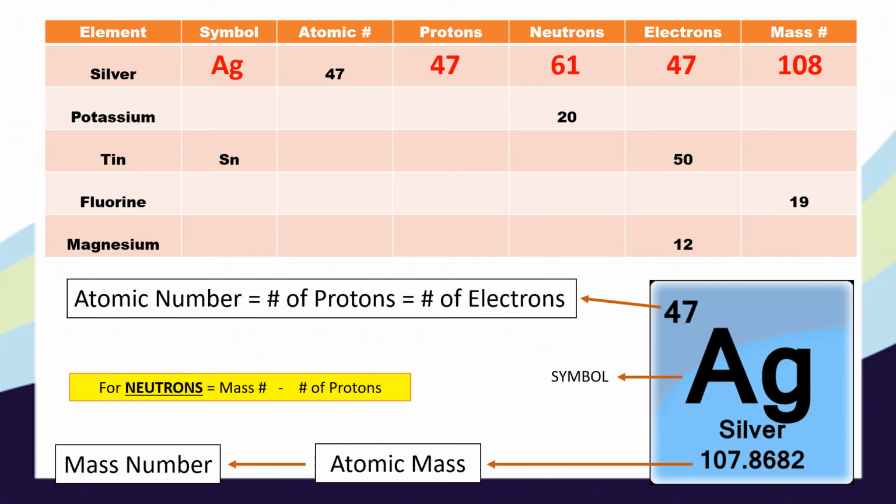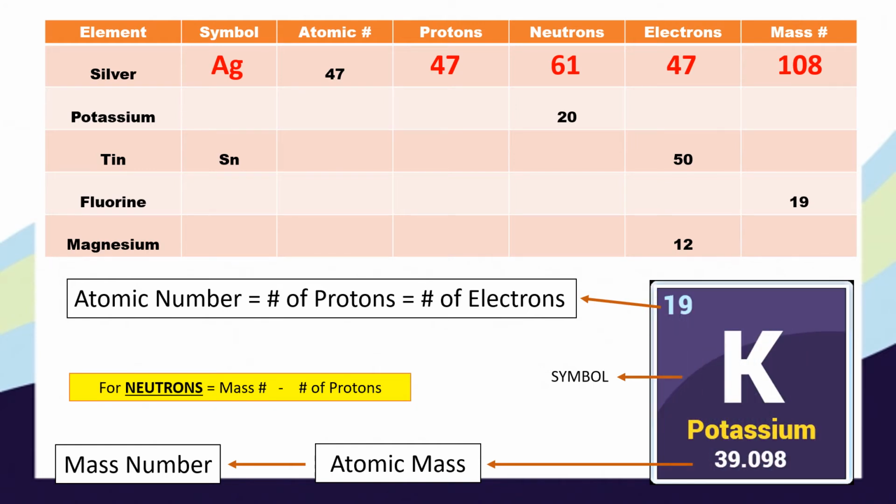So let's move on to the second element. Let us have the element potassium with the symbol of K. K came from the Latin name kalium. The atomic number of potassium is 19. Therefore, the number of protons is also 19 and the number of electrons is also 19.